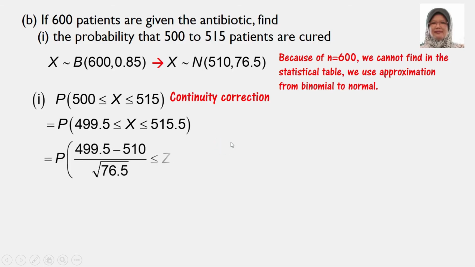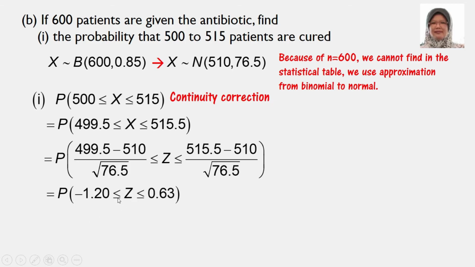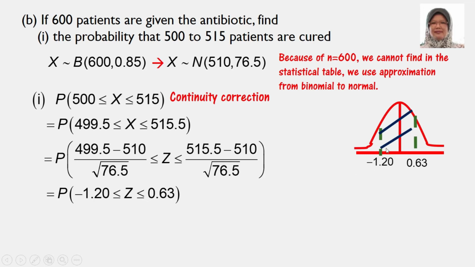We change to the Z distribution and we get P(-1.20 ≤ Z < 0.63). Picture-wise, the area is between -1.20 and 0.63, and we can take 1 minus P(Z > 1.20) minus P(Z ≥ 0.63).